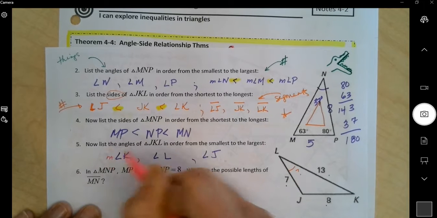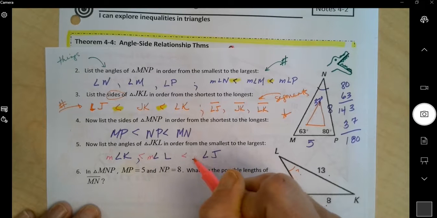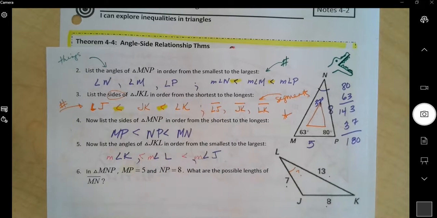If I want to talk about and compare their measures and use these symbols, I need to make sure I'm talking about the measures of the angles. Go ahead. So K is opposite to LJ and L is opposite to JK. Mm-hmm.